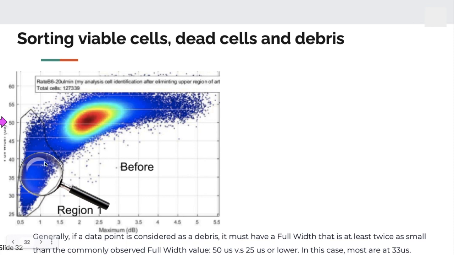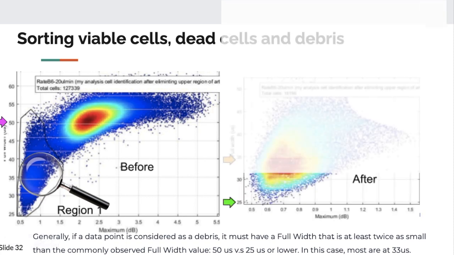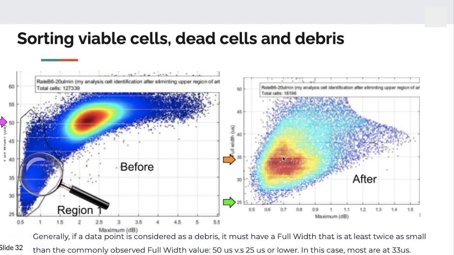So if we zoom into region 1 right here, we can see that most of its length is about 35. In comparison, the most common cells have a length of 50. So there's a difference. And theory says that for a data point to be considered debris, it would need to be at least twice as small as what's commonly observed in terms of length.